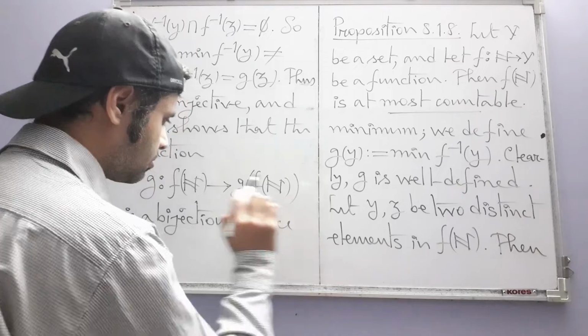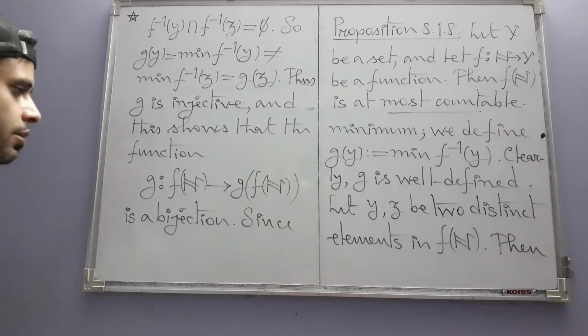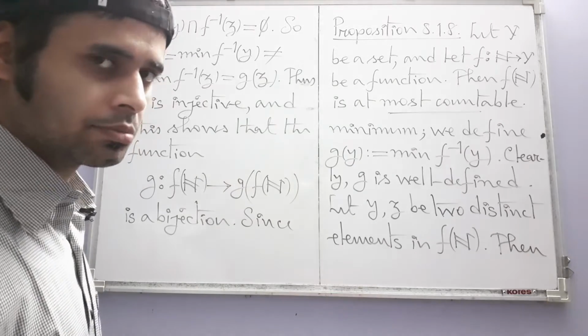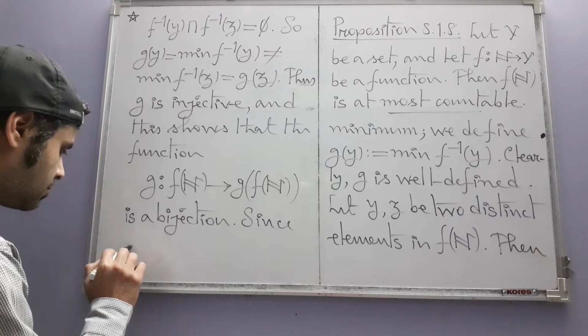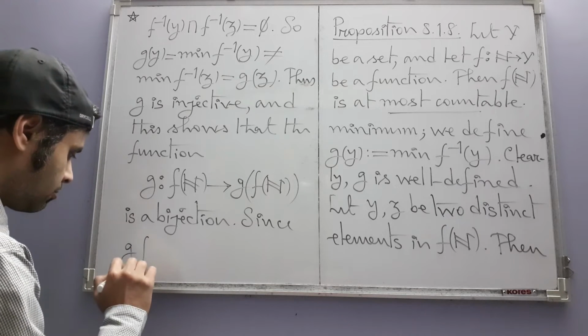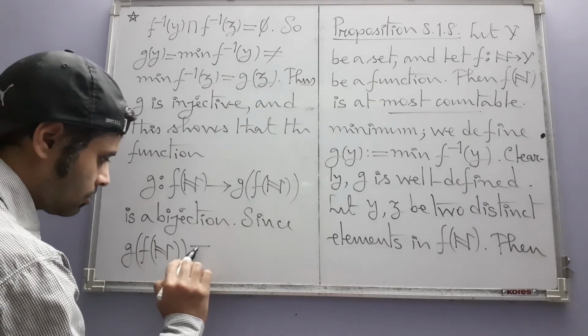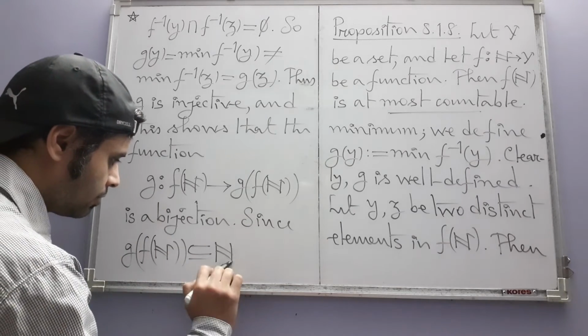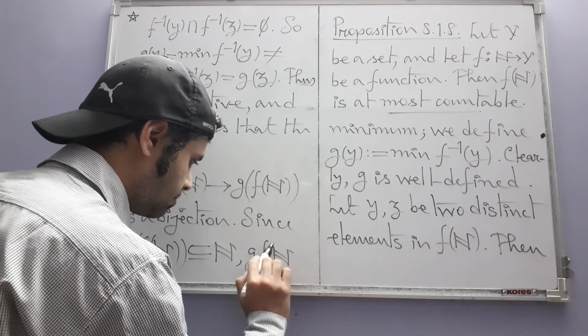since, okay, now what is this? This is after all a subset of the set of natural numbers, because we replaced n with this set. Since this is a subset of n, this is at most countable.